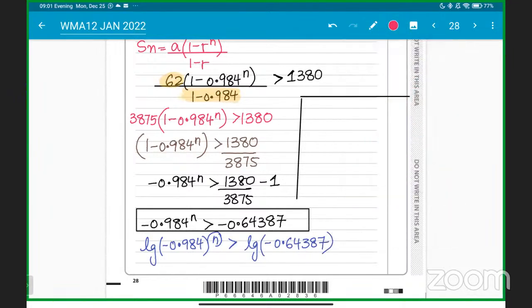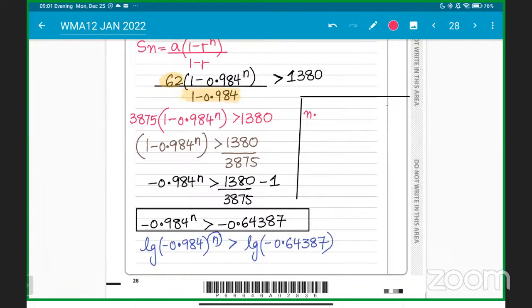What will happen next will be n multiplied by log of 0.984. This thing will change. The negative sign will cancel. Everyone getting it, right?